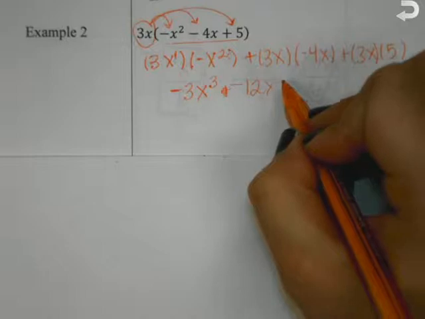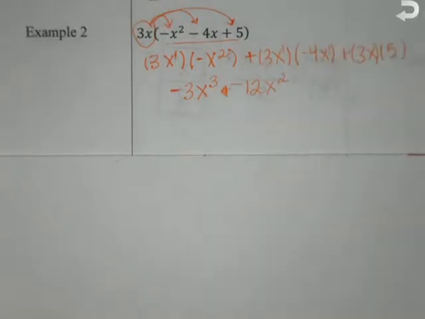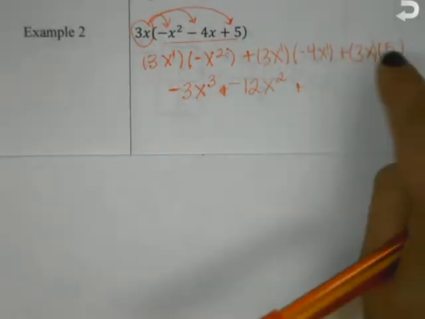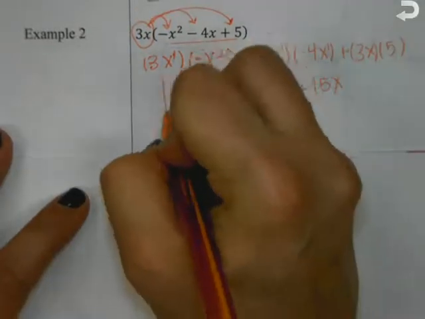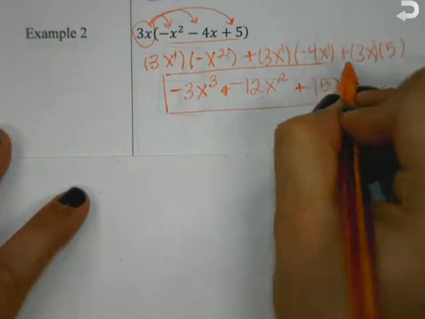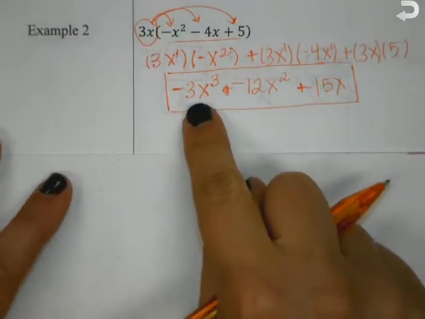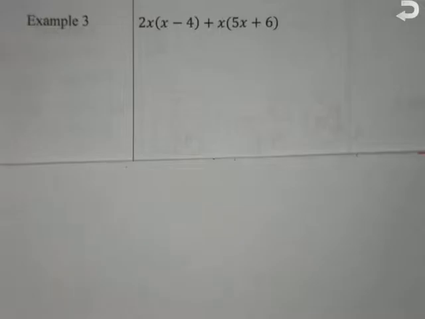Good. Second power. These are both 1s. Plus 3x times 5 gives me 15x. So my answer is negative 3x to the third minus 12x squared plus 15x. Let's make it a little more complicated.